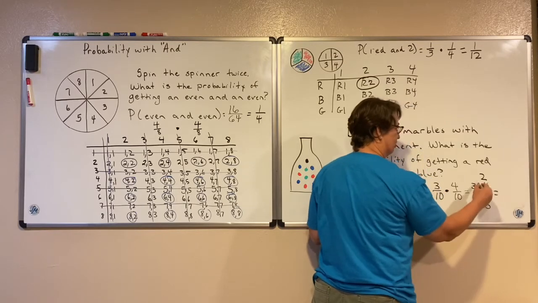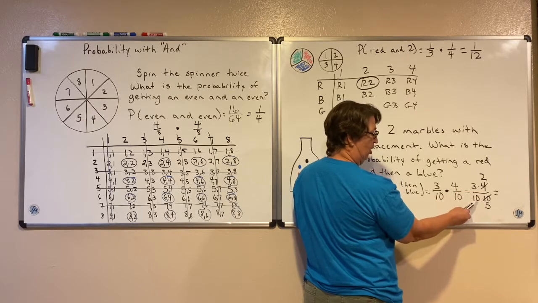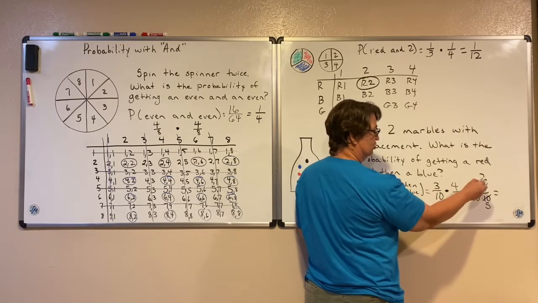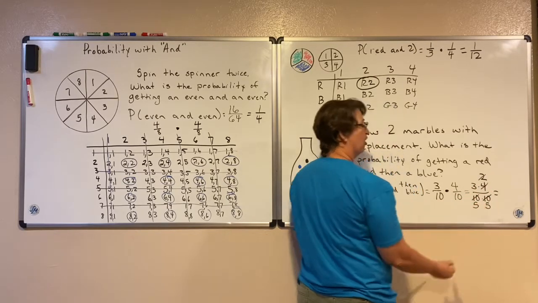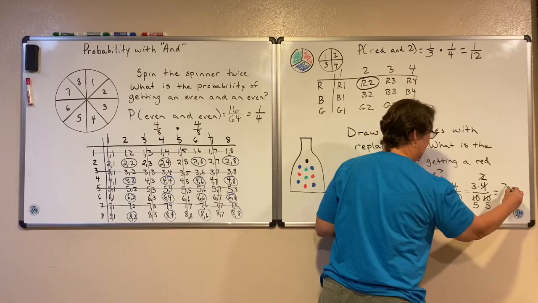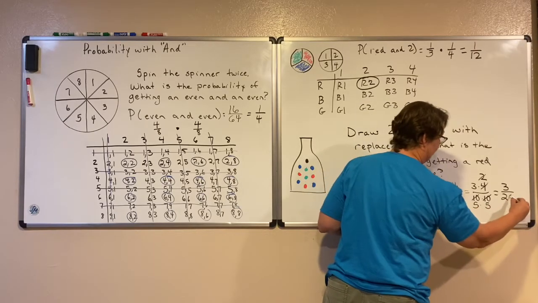So now I've got 3 times, this 2 and that 10 also have a factor of 2. 2 goes into 10 5 times. So I have on top a 3, and I have on bottom 5 times 5, which is 25.